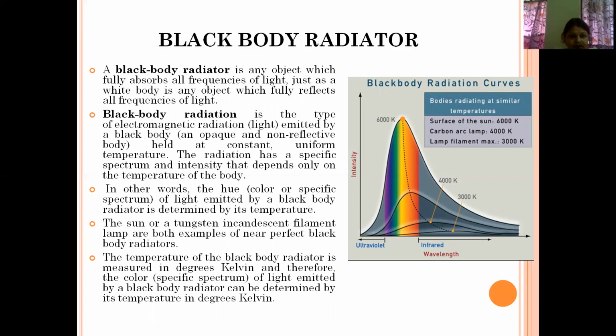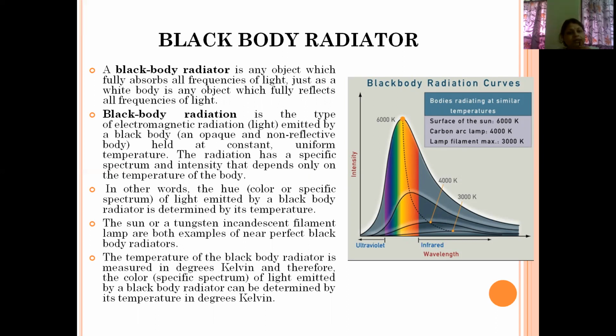Now, black body radiation is the type of electromagnetic radiation that is emitted by a black body, which is held at constant and uniform temperature. That radiation has a specific spectrum and intensity that depends only on the temperature of the body.